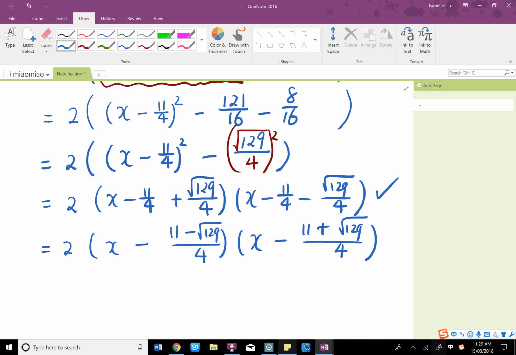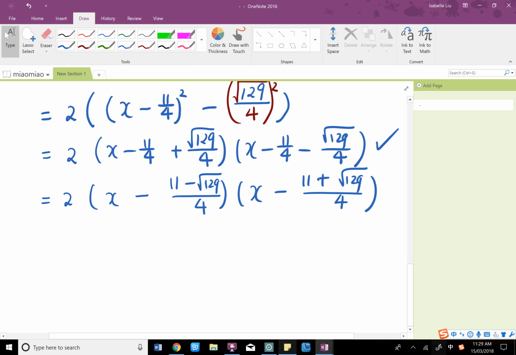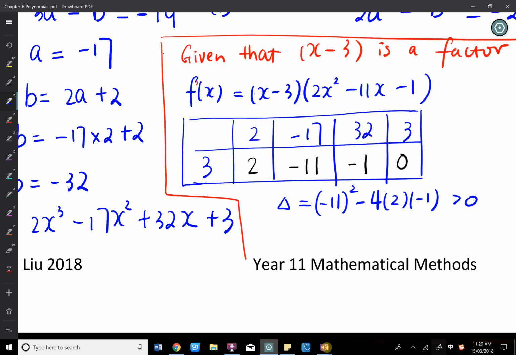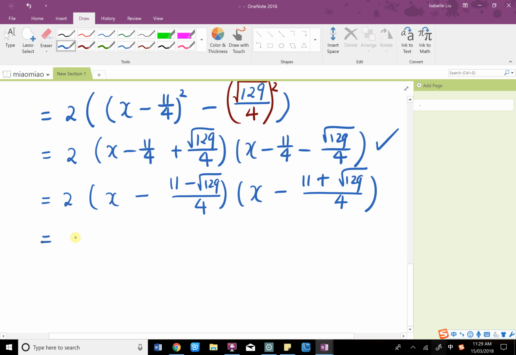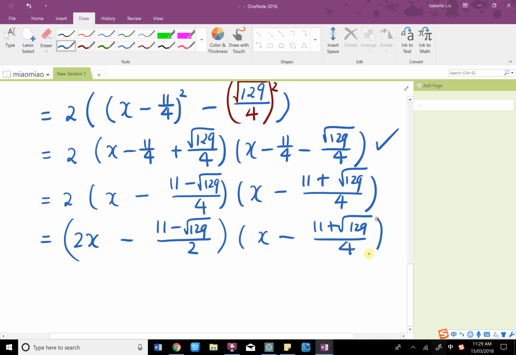Well, as I said, you can times the 2 within one bracket. Which one you decide, for example this one, I can go 2x minus 11 minus root 129 over 2, and then x minus 11 plus root 129 over 4. The 2 can only go into one bracket.